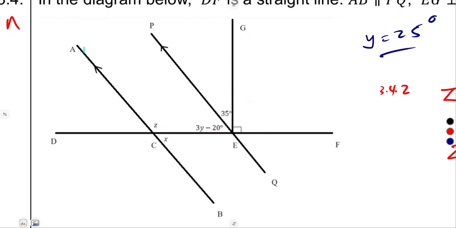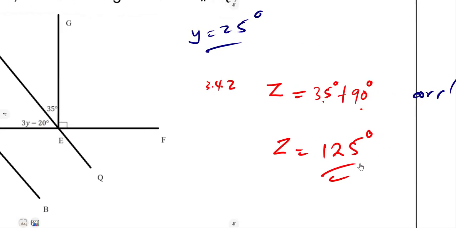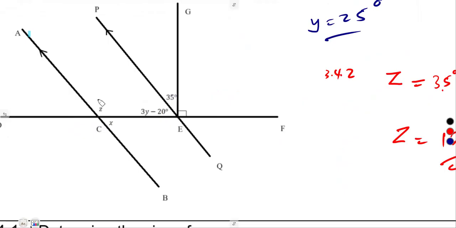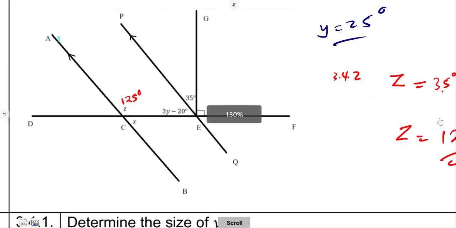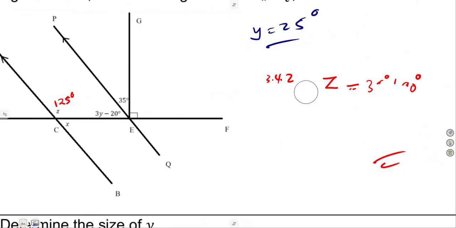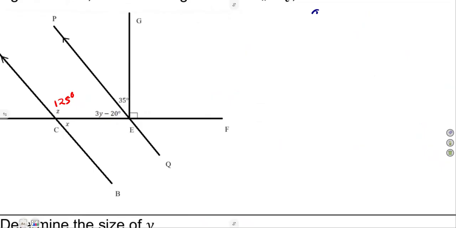We can use the Z that we calculated because Z is 125 and Z is here. So Z and X are on a straight line, so we can use angles on a straight line. I'm just going to use this one for angles on a straight line. All right, so that's 3.43.